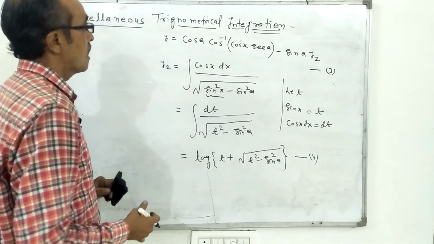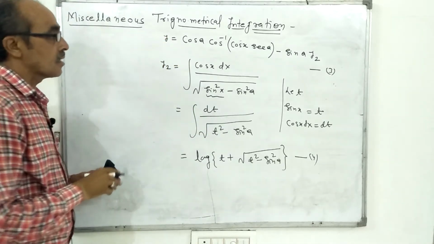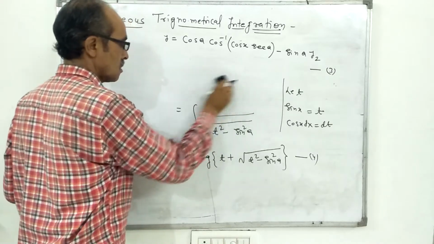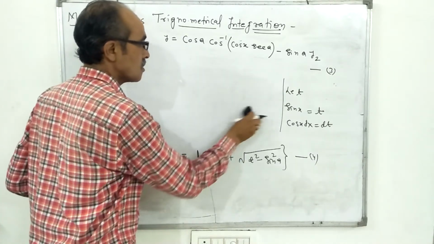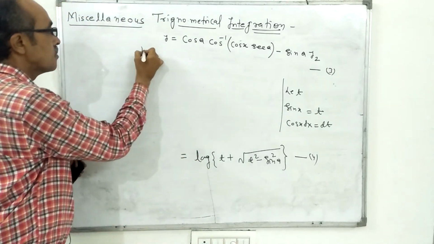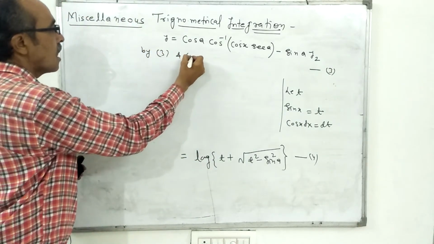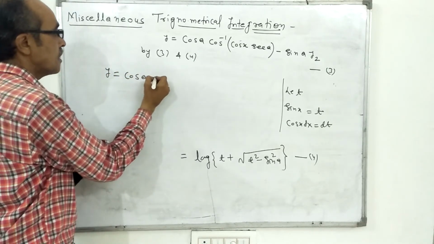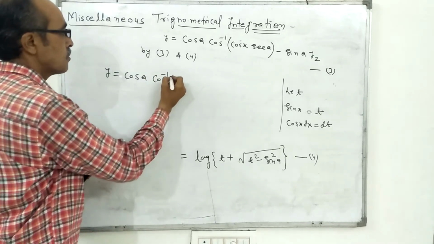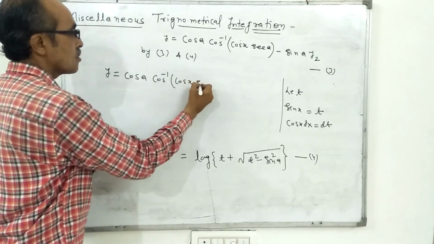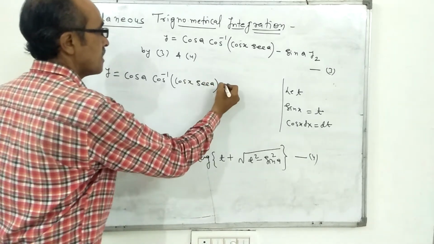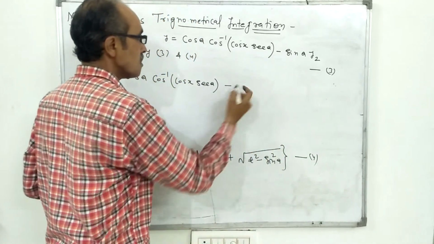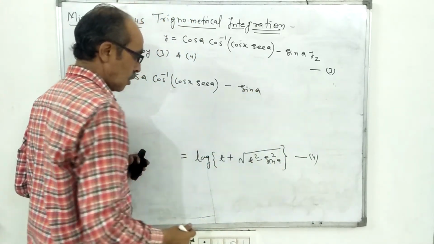This is the value in equation number 4. By equations 3 and 4, the integral I is equal to cos a times cos inverse of (cos x divided by cos a), minus sin a, which is a coefficient, times the value of the integral I2.